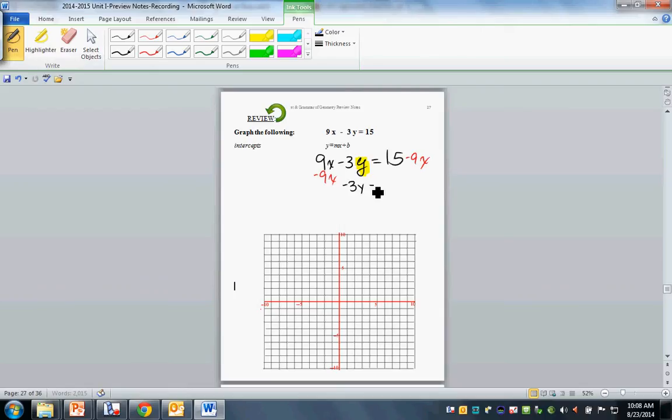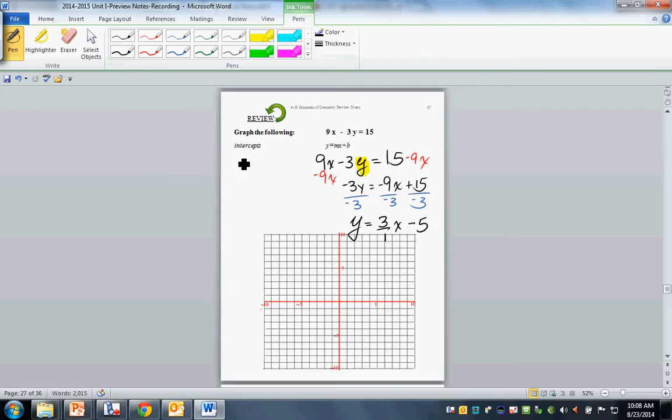I end up with negative 3y equals negative 9x plus 15. Divide by negative 3 all the way around. And I end up with y equals 9 divided by 3, double negative makes a positive, so 3 over 1x minus 5.